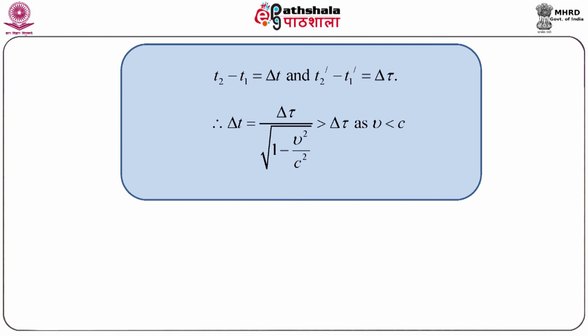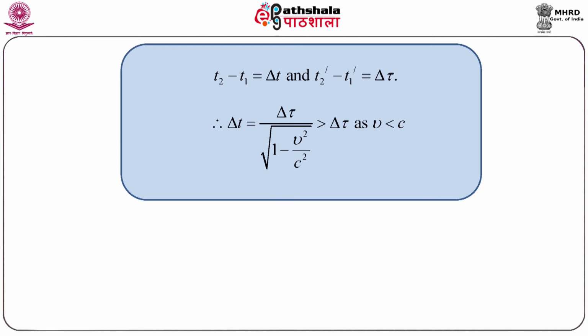If we denote t2 minus t1 equal to triangular delta t and t2 dash minus t1 dash equal to triangular delta tau, then after substitution in the previous equation we get triangular delta t equal to triangular delta tau divided by square root of 1 minus v square divided by c square.